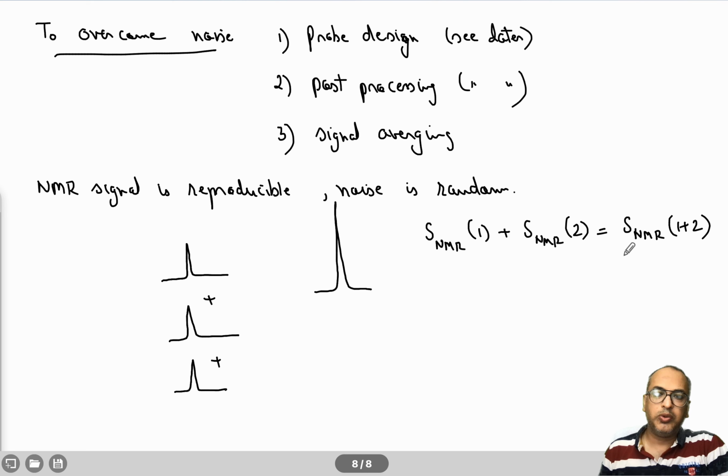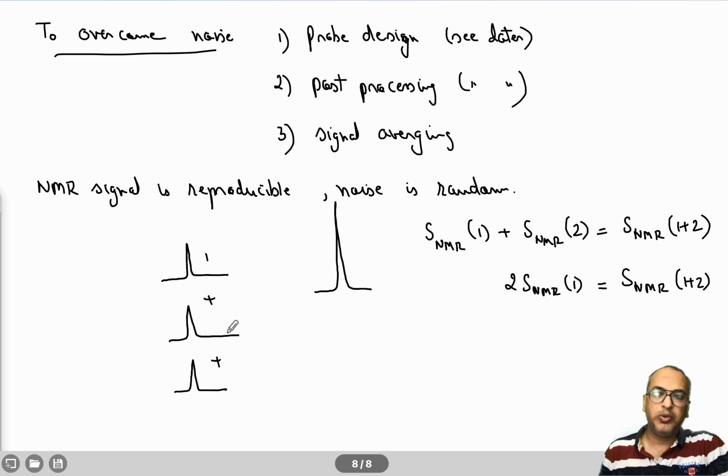So 1 plus 2, right? Because these 2 signals are identical, I can write it as S_NMR 1, because S_NMR 1 is equal to S_NMR 2, so S_NMR 1+2 is twice the signal obtained in the first experiment, right? The same thing which I've drawn here.